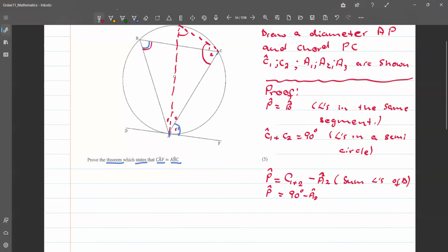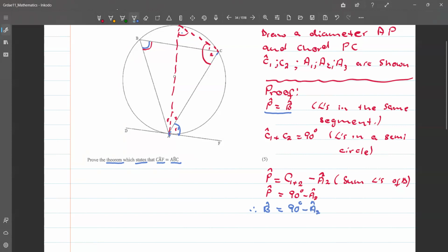Remember from our main statement where we started, we said P equals B. P is not what we are trying to prove. B is what we are trying to prove. So we have to write this P as B. So we can then say, therefore, angle B equals 90 minus A2.